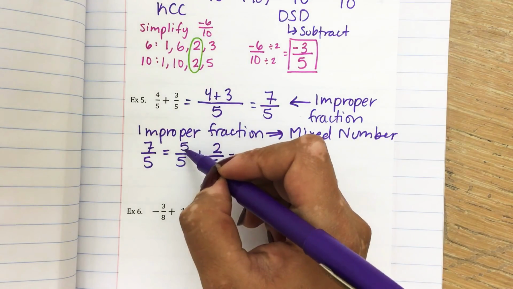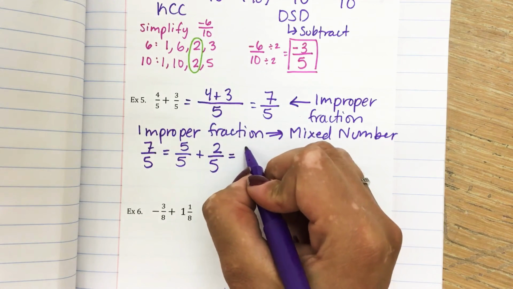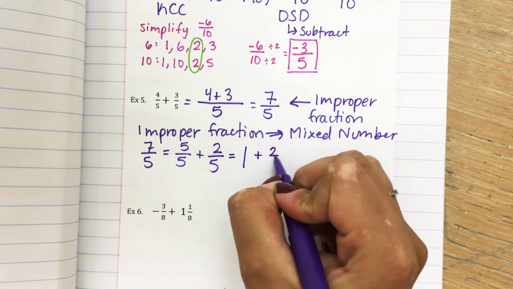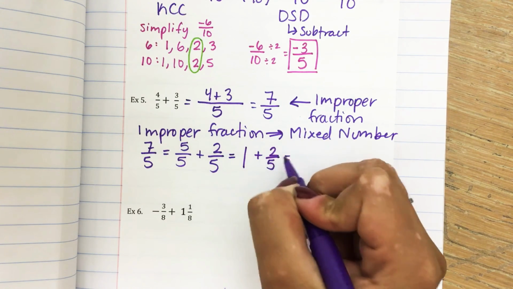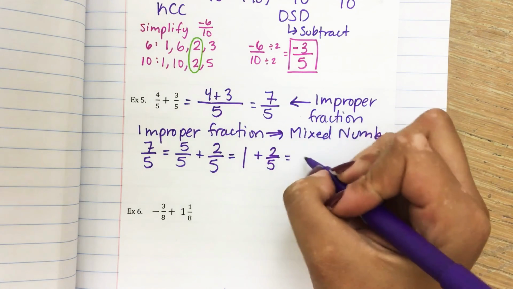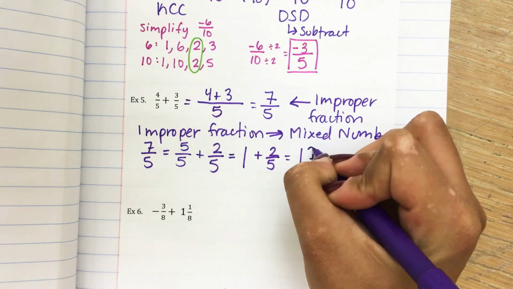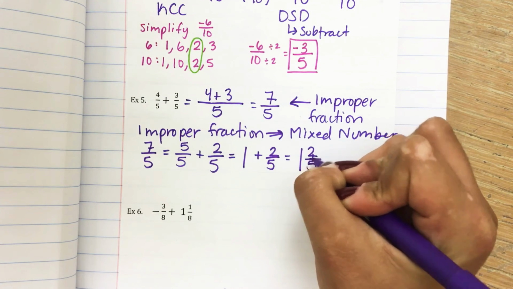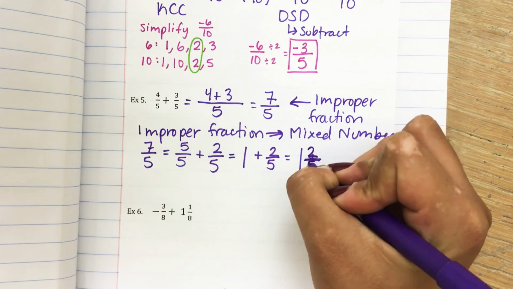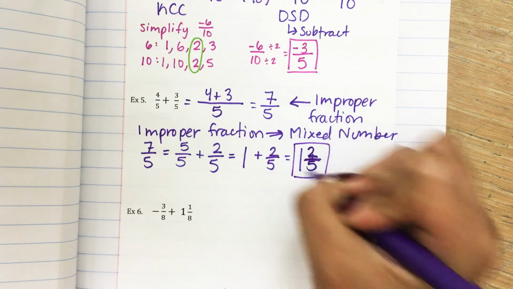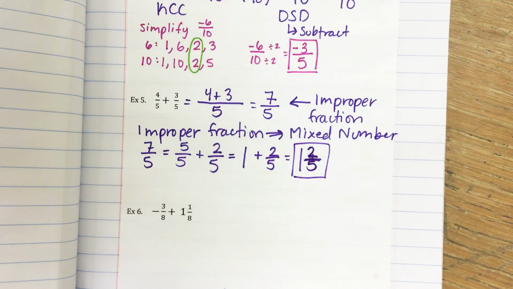And then we have 5 divided by 5, which is the same thing as 1, and add the 2/5. And so our mixed number would be 1 and 2/5 for our final answer.